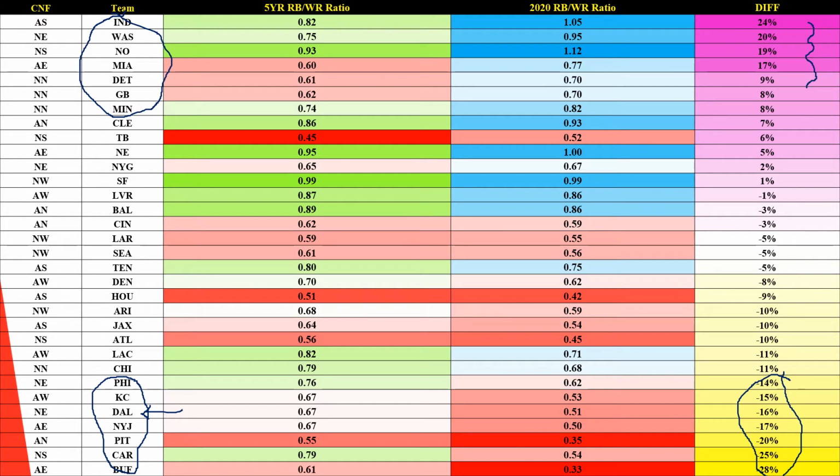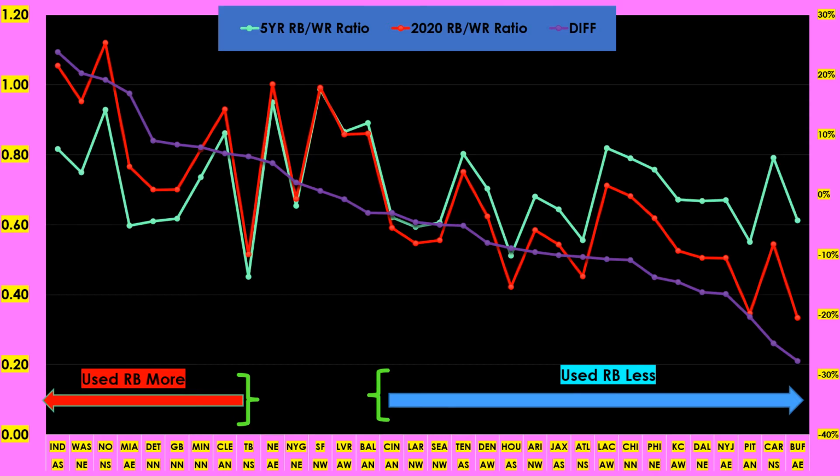And I have a graph looking at that. Again, I highlighted teams that use the RBs more and the teams that use them less. And there's more of those teams using them less.